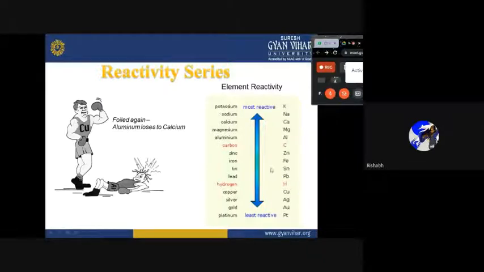Potassium is more reactive than sodium, which is more reactive than calcium, which is more reactive than magnesium. Then comes aluminium, carbon, zinc, iron, tin, lead, hydrogen, copper, silver, and platinum is the least reactive of them all in this list.